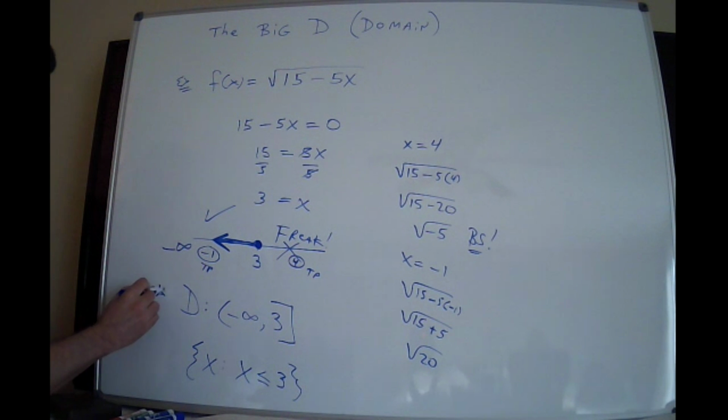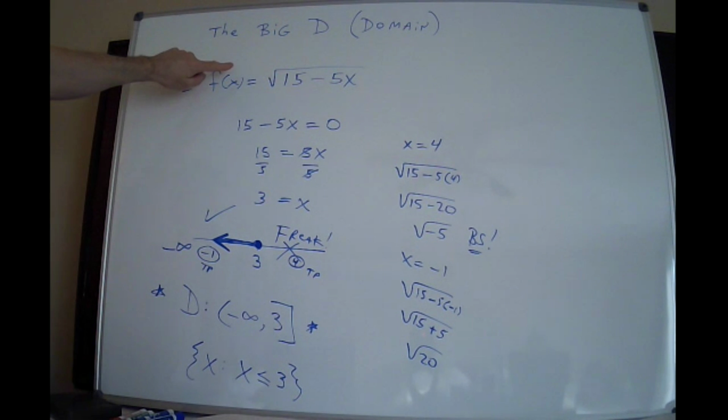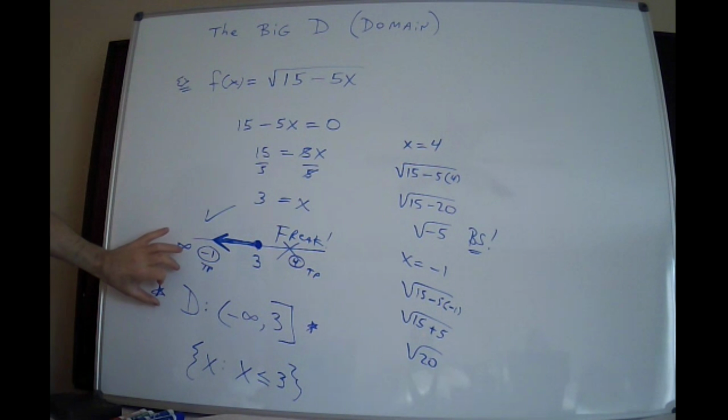This is the one I'll ask you to do on a quiz or test. I will say to you, find the domain of this function as an interval, and you have to write your answer like this, okay? Now, I'm going to pause.